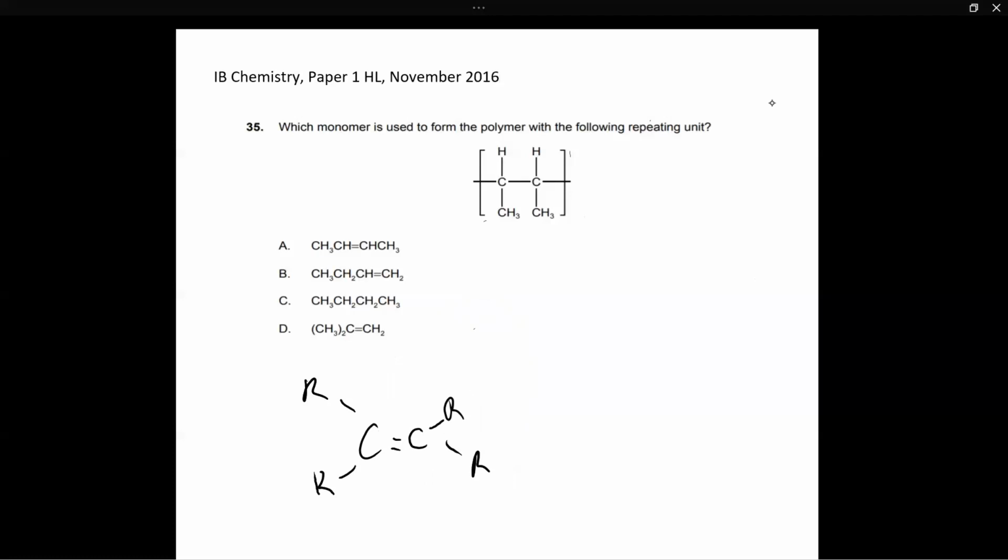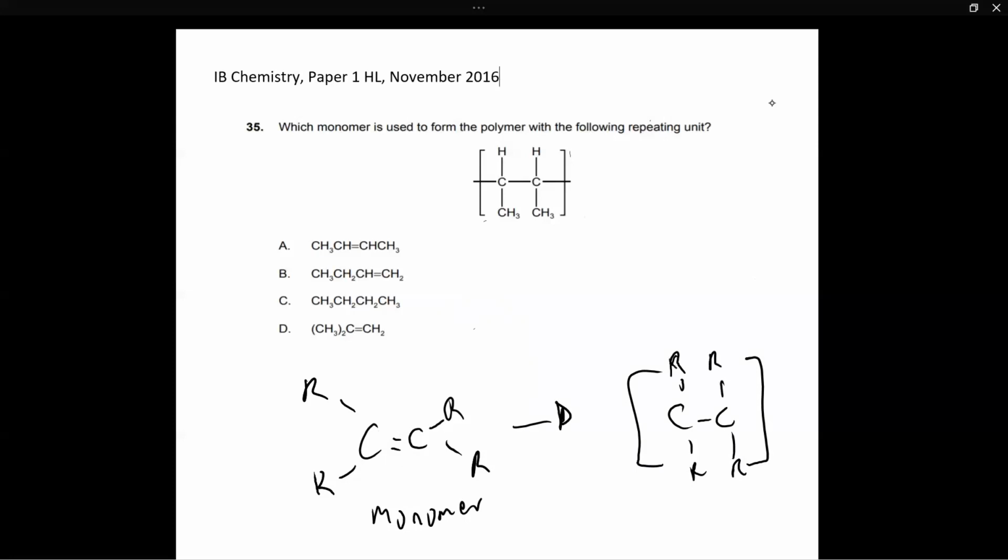We're only dealing with the double bond. And when this is the monomer and you polymerize it, it becomes like this, with R, R, R, R, and it extends onto both sides. And this is the polymer.